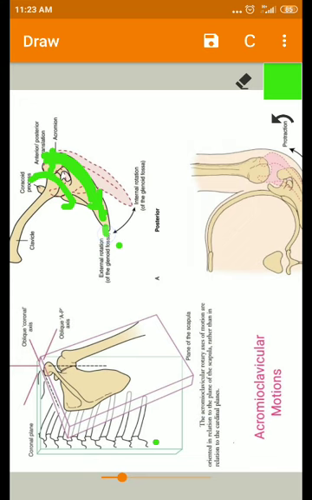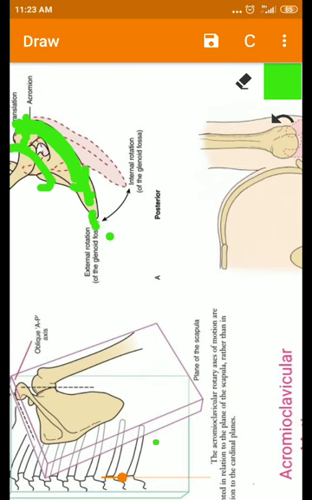Whenever clavicular retraction causes scapular retraction, that is called scapular adduction. What will happen to the glenoid fossa? It is facing posterolaterally, and the vertebral border will move nearer to the median plane.